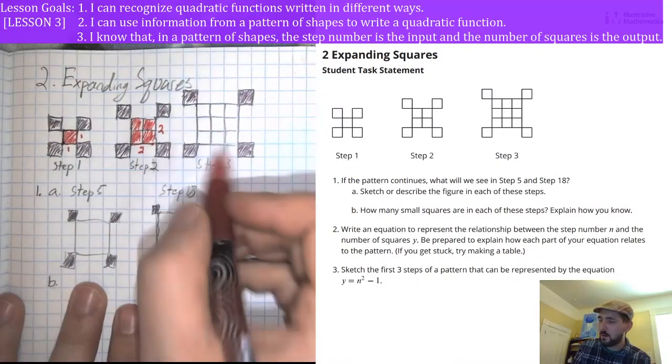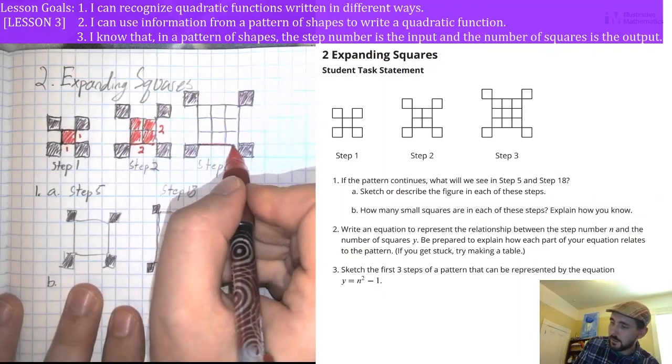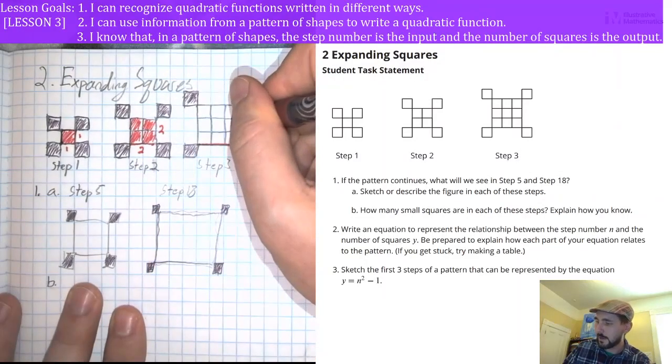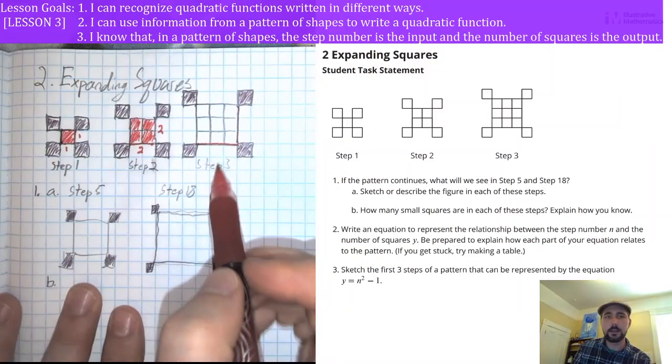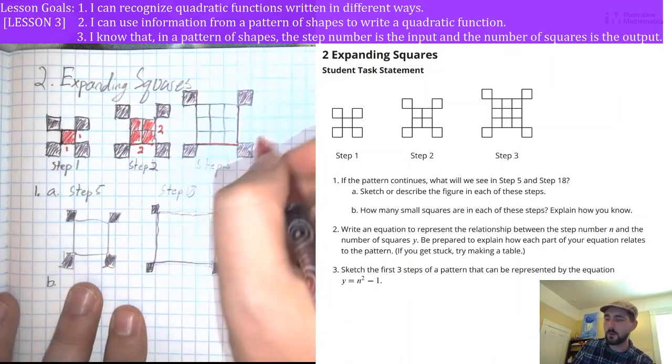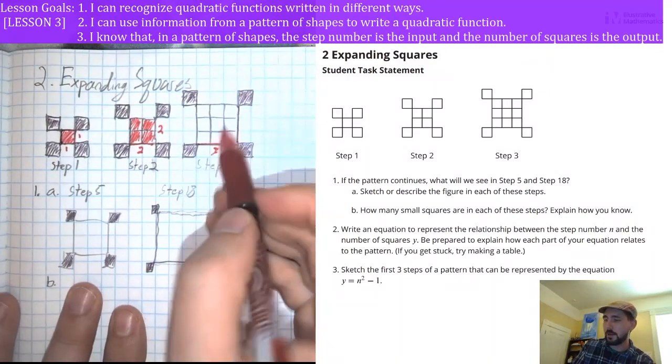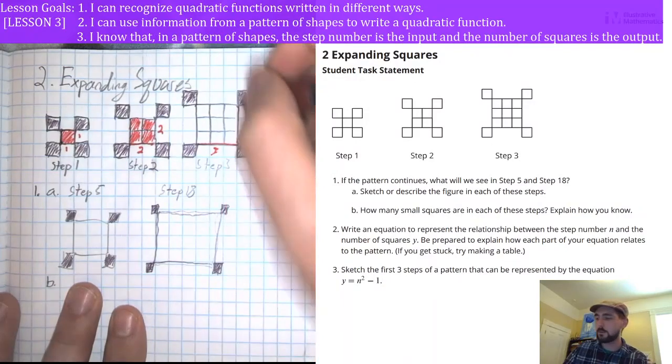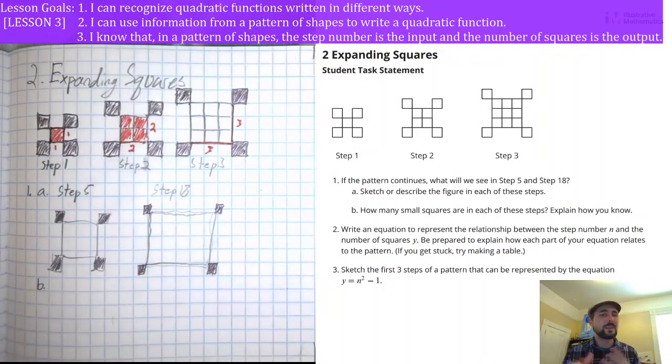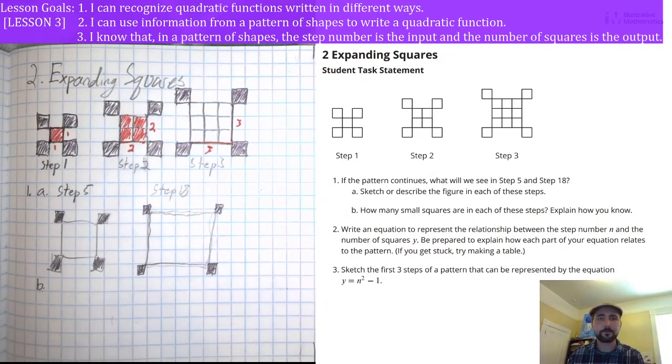Do you see the same thing happening in step 3? Yeah. Once we count it out, we say, oh, aha, look. Step 3 has this middle part that has squares going 3 across and squares going 3 up. Now, maybe you noticed that, maybe you didn't. Maybe you noticed that and didn't know how to describe it, or maybe you noticed it and you weren't sure whether or not that was an important detail.